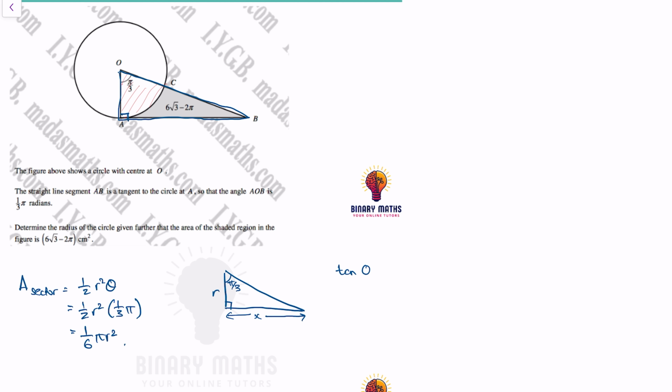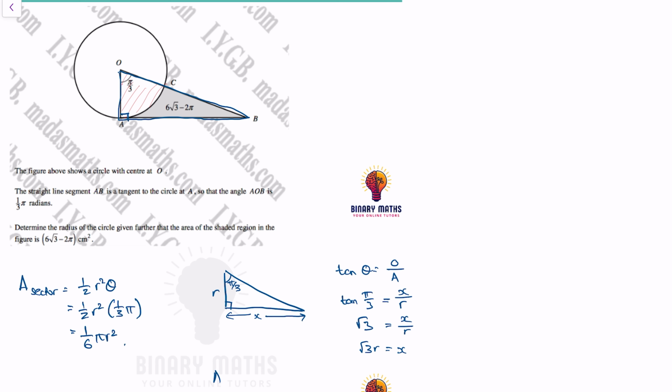So tan theta is equal to opposite over adjacent. So tan pi over 3 is equal to x over r. And if you put tan pi over 3 into your calculator, you get root 3 is equal to x over r, which means x is equal to root 3r.